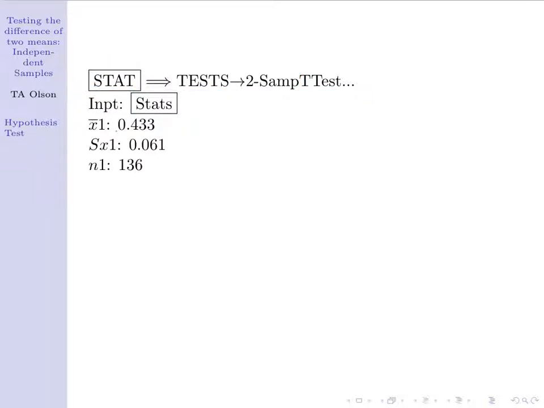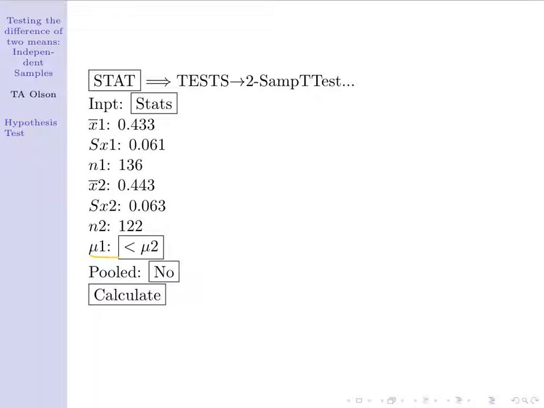The mean for 1, our American League, is 0.433, our standard deviation is 0.061, and we had 136 ball players in this set for the American League. In the National League, we had a mean of 0.443, a sample standard deviation of 0.063, and we only had 122 ball players in that.